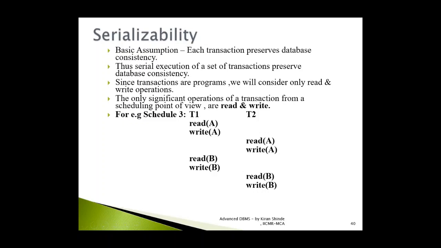It is a non-serial schedule, because the instructions of transactions T1 and T2 are executed in parallel. It is not that all the instructions of one transaction finish first and then the other starts.